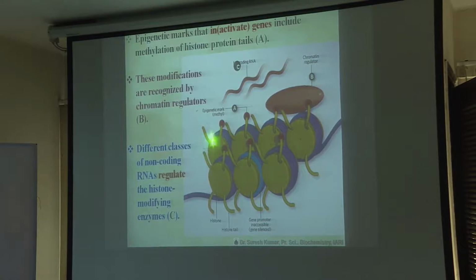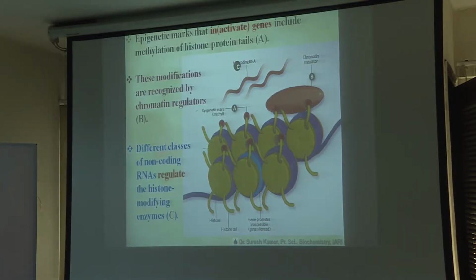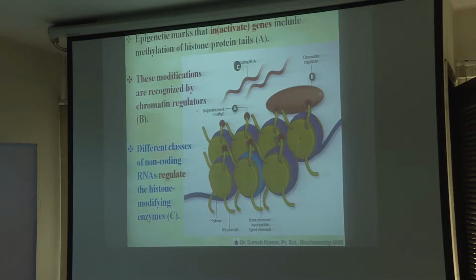For example, these are the tails, protruding out like hairs. So, the ball-like structure is not modified, but the tails are modified. Okay. And these modified tails are identified by a certain protein.